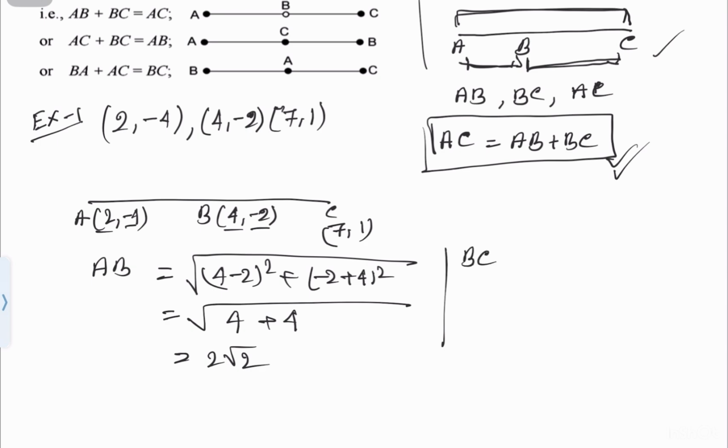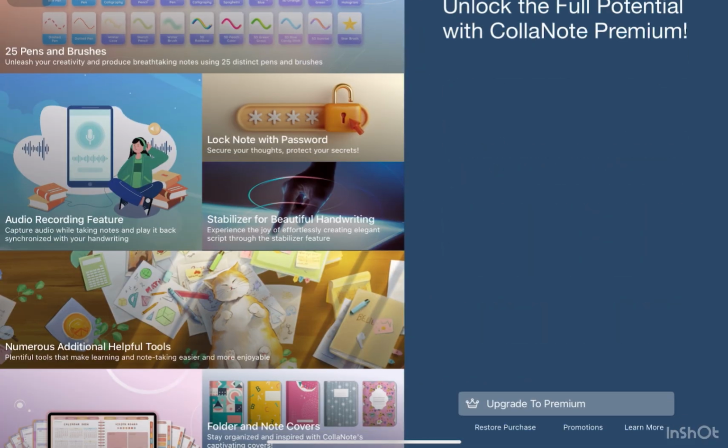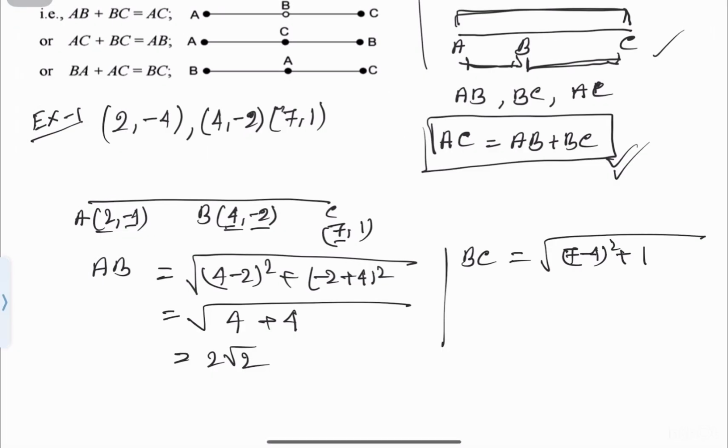Then find BC. Square root of x2 minus x1 square, 7 minus 4 square, plus 1 minus of minus 2, that means 1 plus 2 whole square. This is equal to 7 minus 4, 3, 3 square 9, plus 3 square also 9, that means 3 root 2.